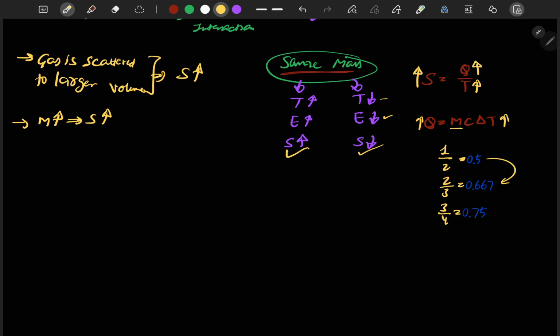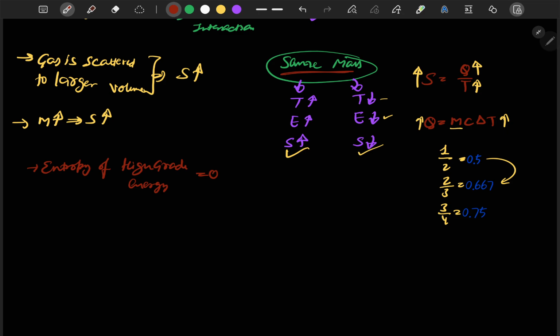Now there is one more important point. The entropy of high grade energy is equal to 0. So what is high grade energy?